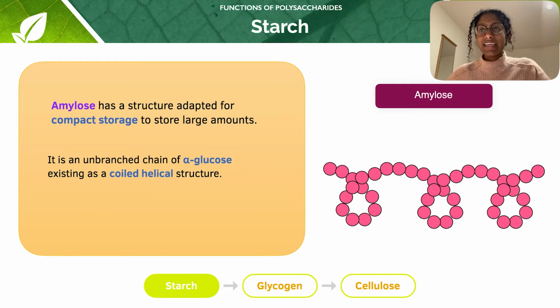So now let's have a look at its two major polysaccharide components. So amylose is one of them. And amylose has a structure adapted for compact storage.